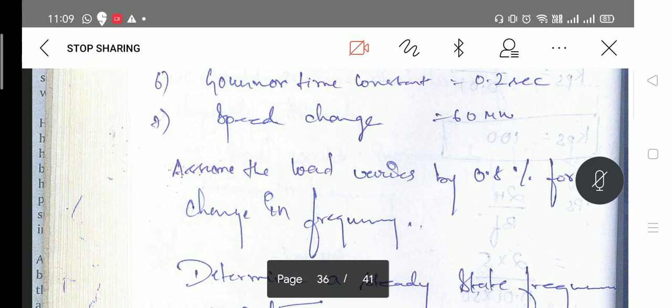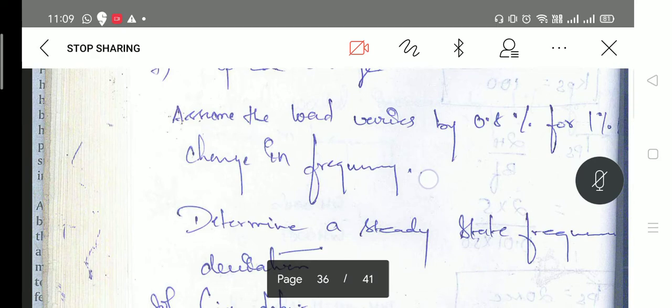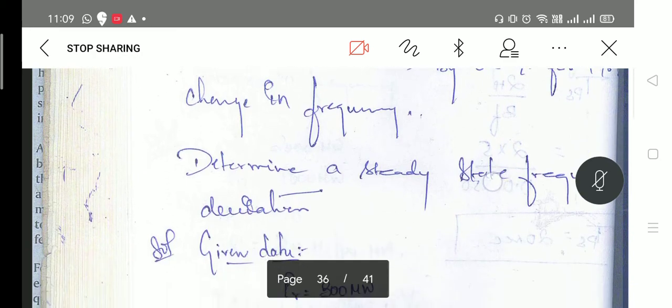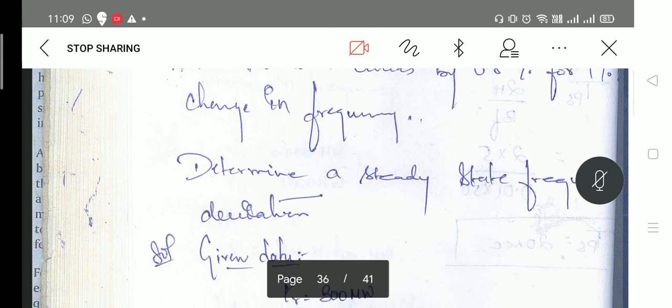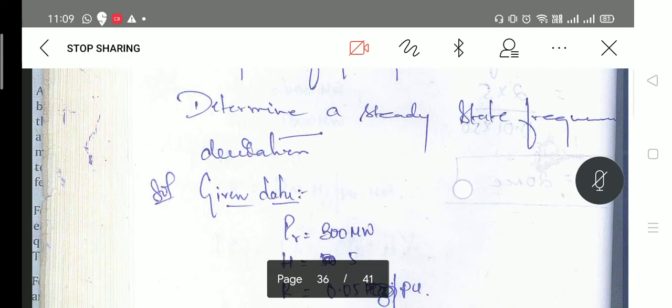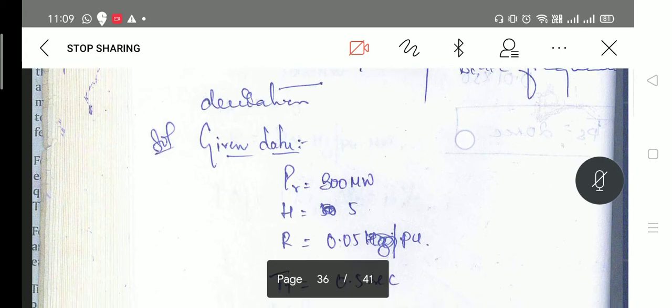Assume load varies by 0.8% for 1% change in frequency. Here delta PD is 0.8% and delta F is 1%. Determine the steady state frequency deviation.